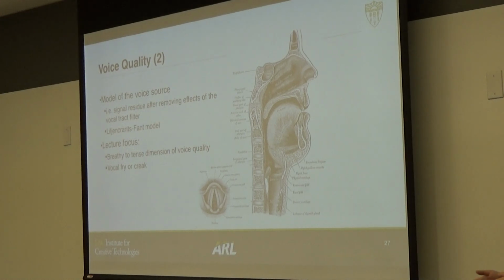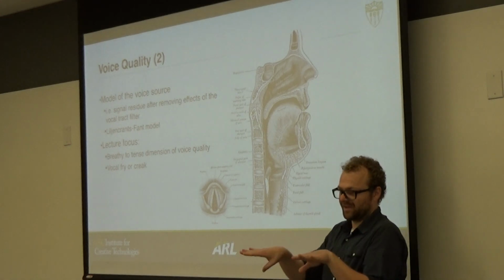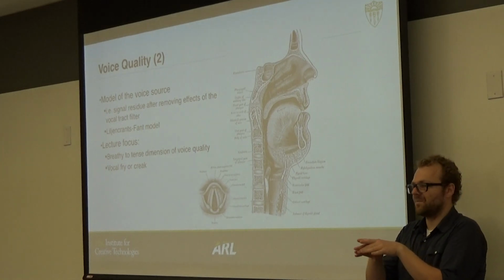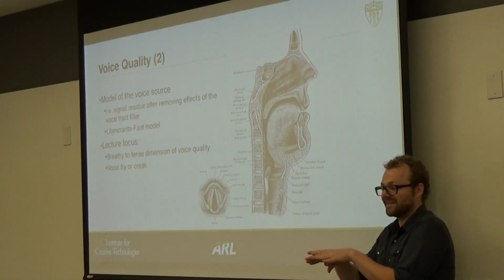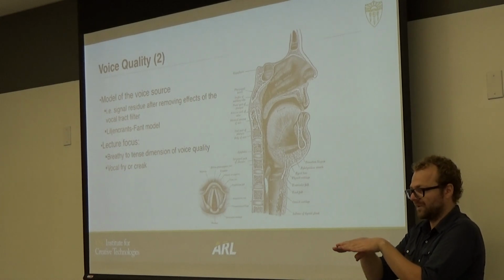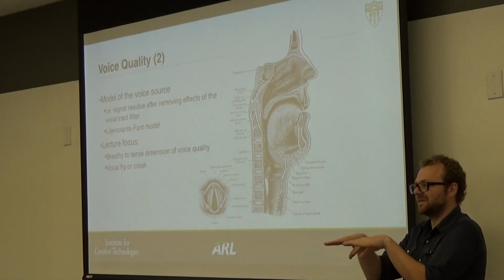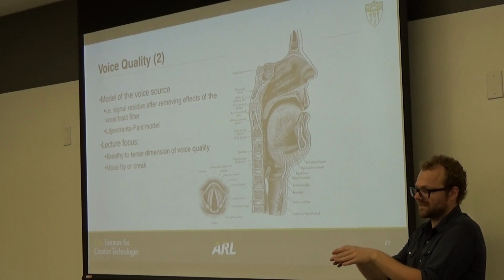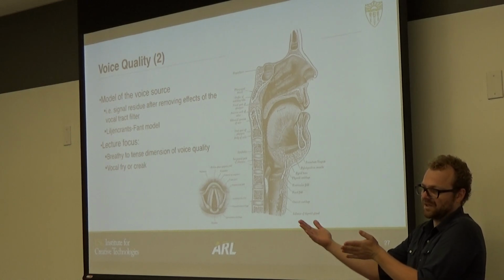The interesting part now is the dynamic of this phase: how they are hitting each other, how fast and how slow they are opening and closing. The speed of opening and closing relates to the fundamental frequency.